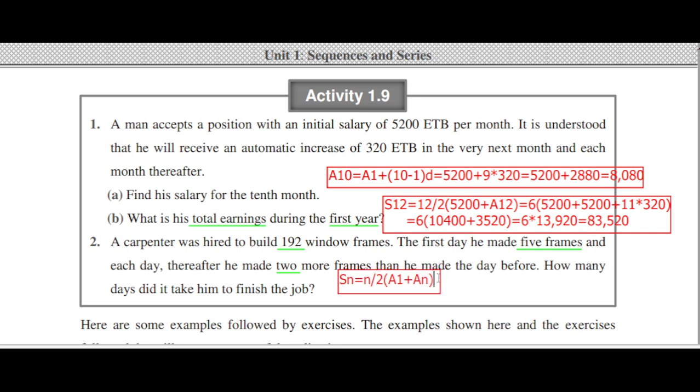Let's write it here. This is equal to n over 2 times a1 plus an, where an is a1 plus n minus 1 times d.